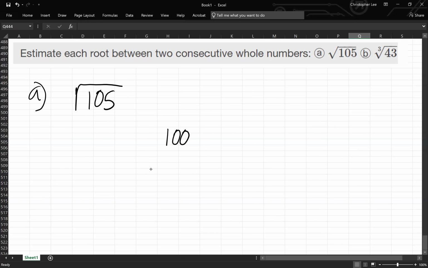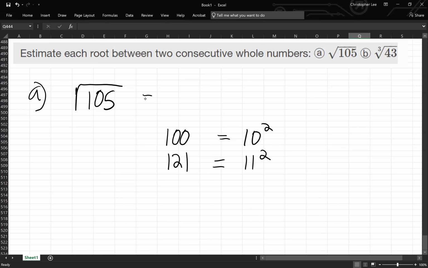And what's the next one after 100? I think it's 121. Remember, 100 is 10 squared, and 121 is 11 squared. So 105 is in between those two.